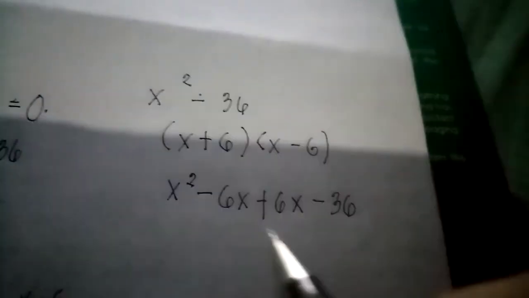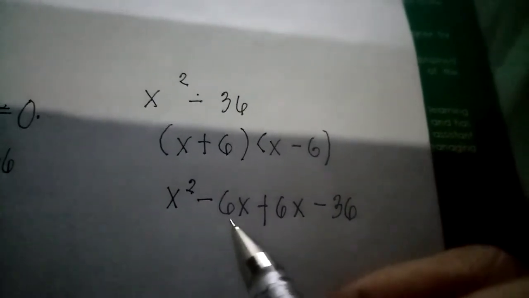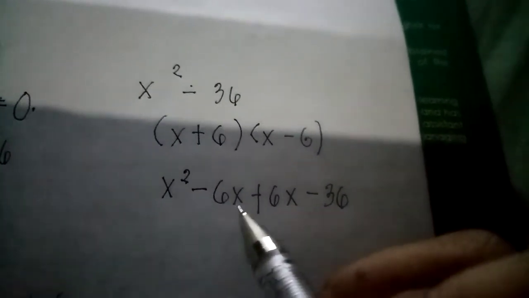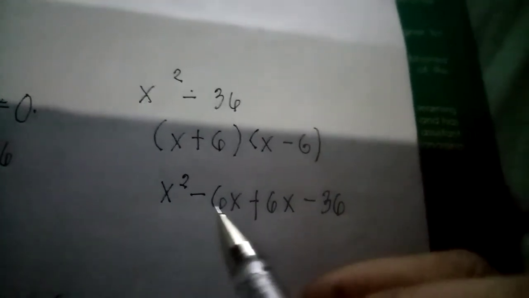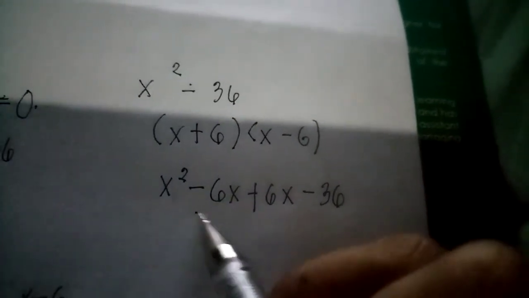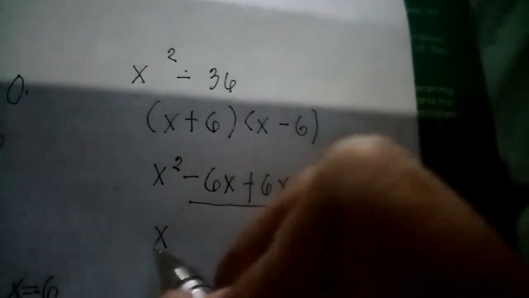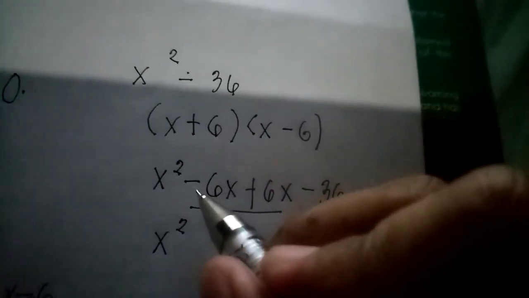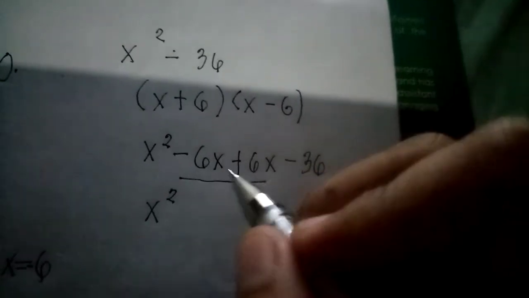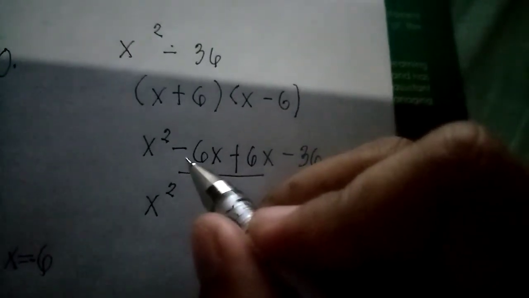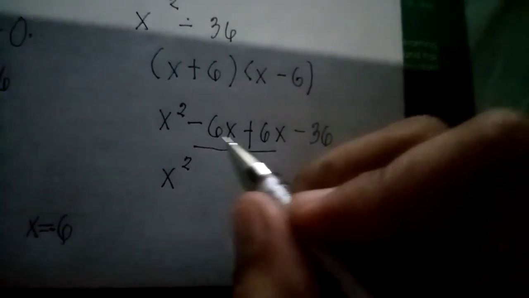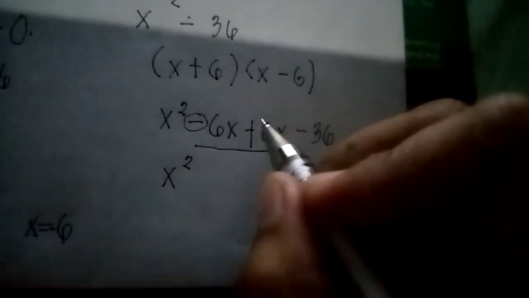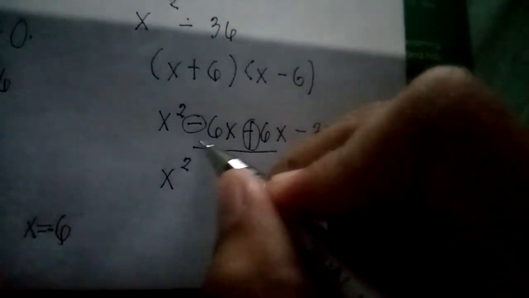Now, use the combining like terms. Since x and x is the same variable, the same exponent, so simplify: x squared. Negative 6x and positive 6x are different in sign, this is negative and this is positive, so you will cancel this.